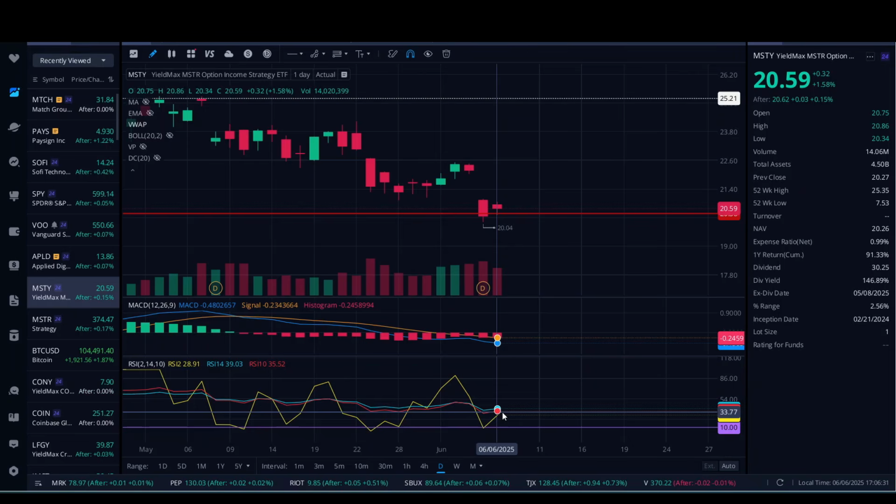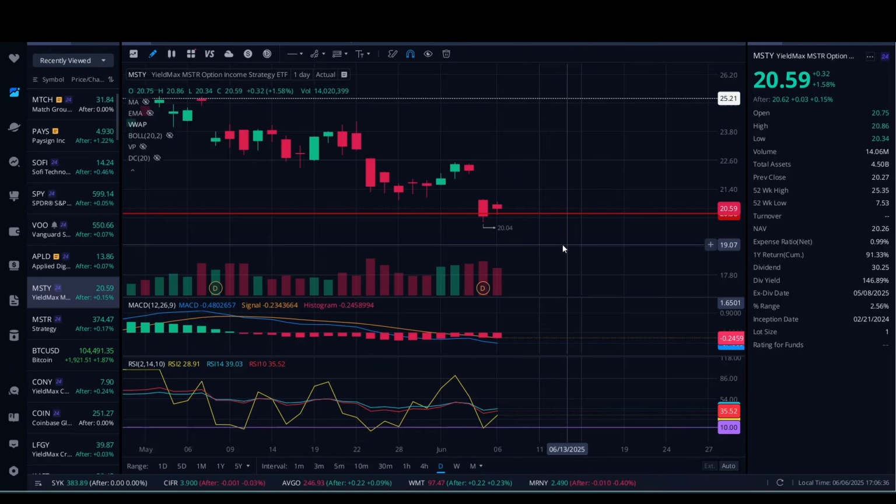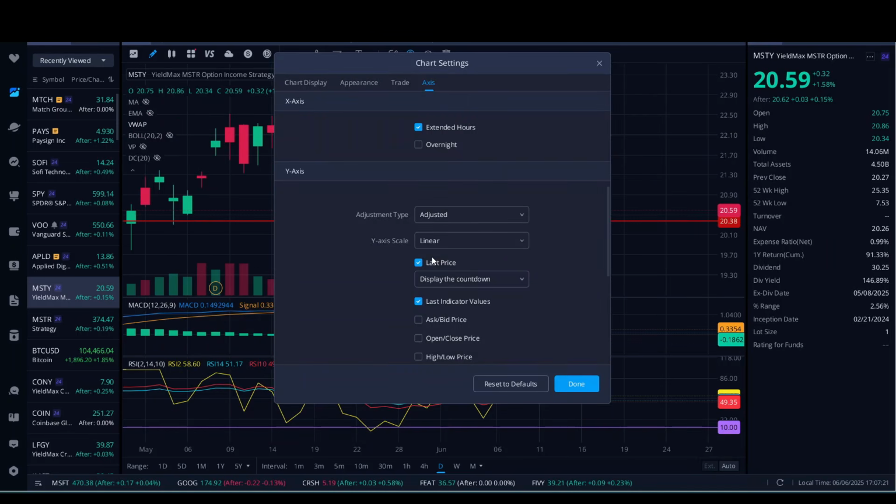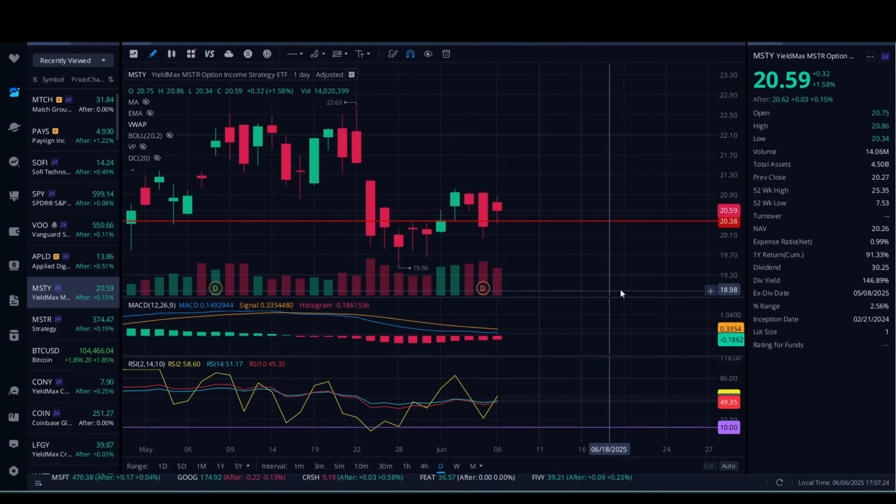But while we're still here on MSTY, let's go ahead and switch the chart to adjusted, and let's check out a few of the indicators. Now I use the indicators even on MSTY here because it really kind of represents what MSTR is doing as well. So let's go ahead and switch over, and we'll put it on the adjusted chart here, and done. And there we are.